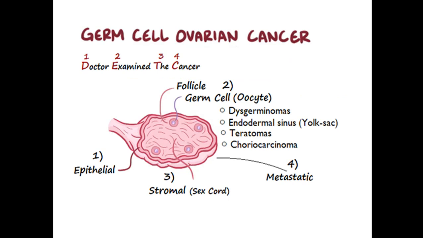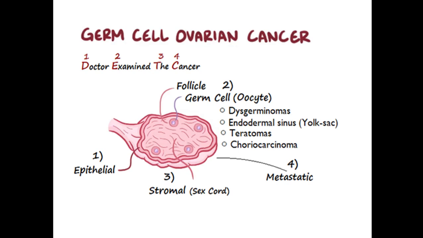Now the germ cell ovarian tumors, as I told you, we can remember their names by the sentence the doctor examined the cancer. The D is for dysgerminoma, the E for endodermal sinus yolk sac tumor, which is the most common tumor in the children.